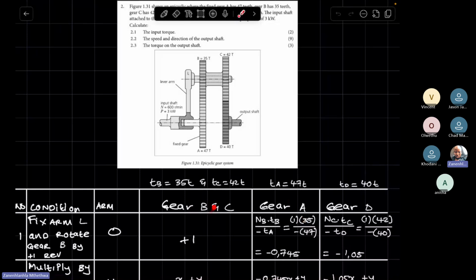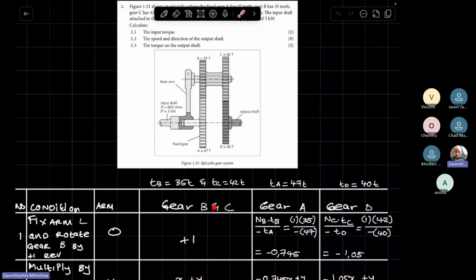Now, because B and A are meshing with the outside circumference, when they rotate they will tend to go in opposite directions. Meaning that if the annulus gear B is rotating clockwise, gear A is rotating anti-clockwise, and that's negative. Because this is rotating clockwise, it remains positive, and because this is rotating anti-clockwise, that is why we insert a negative there.